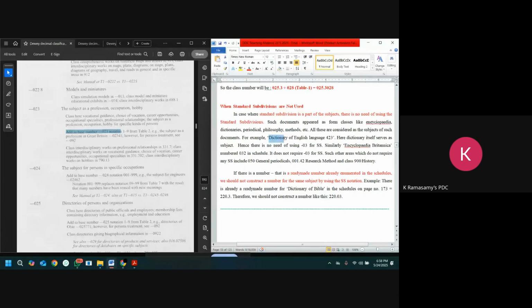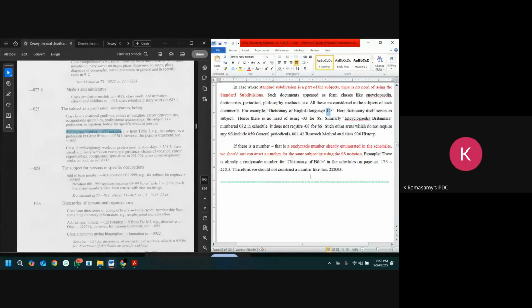Here, dictionary is a subject. It is a part of 423. 400 stands for language. 420 stands for English language. 423 stands for Dictionary of English Language. That means when a standard subdivision becomes a part and parcel of subject, you cannot go and add one standard subdivision to this number. It's one thing.